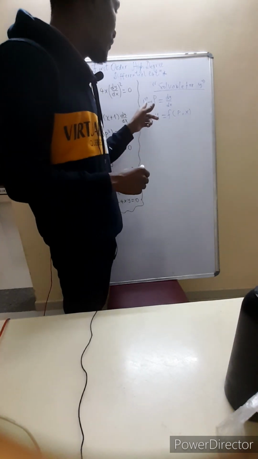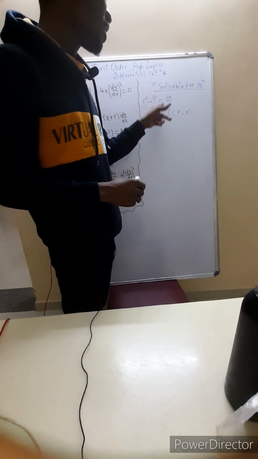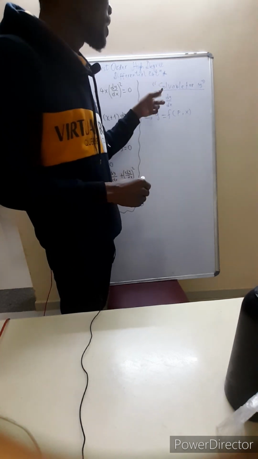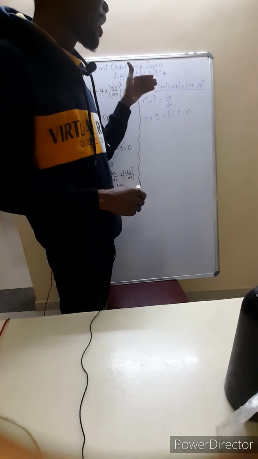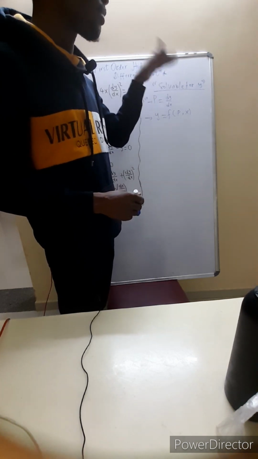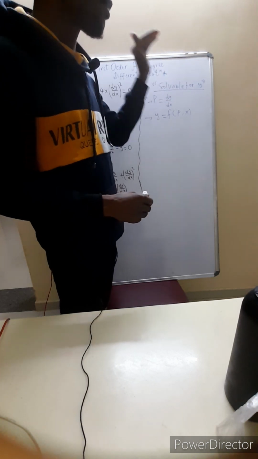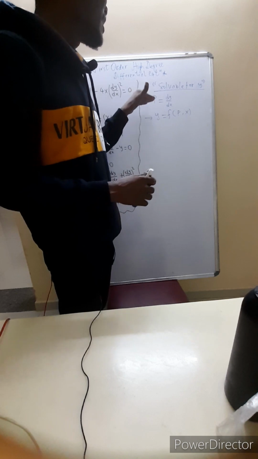So first we have p equal to dy by dx. This substitution will work whether we are using the solvable for p method, the solvable for y method, or the solvable for x method.